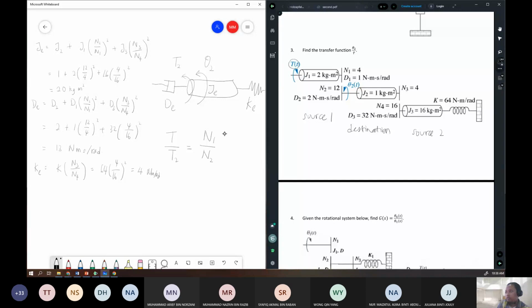So we get T2 equals T times N2 over N1. Okay, so this is your torque T2.